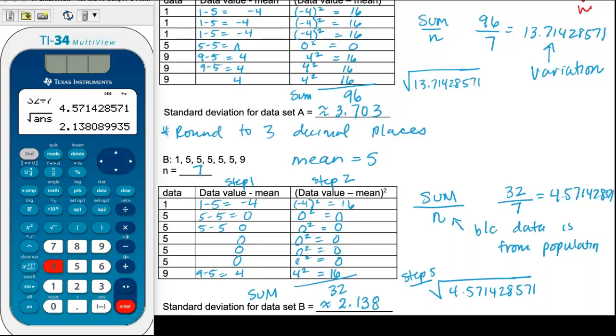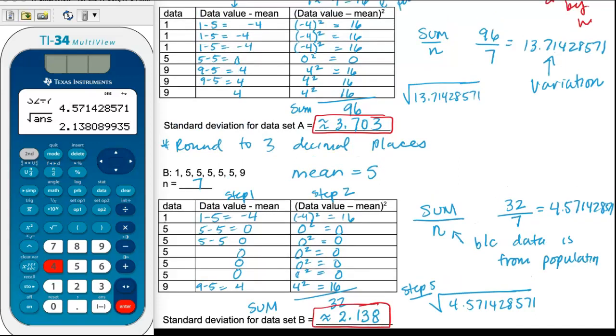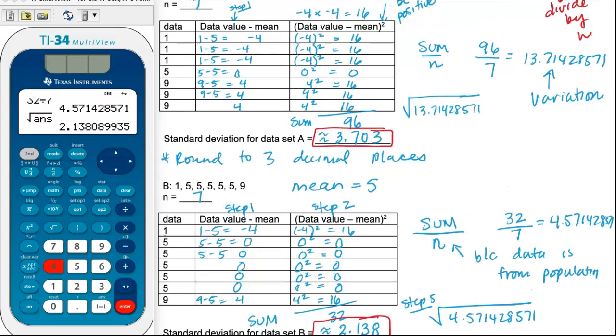Okay, so we've got 2 standard deviations, one of almost 4, like 3.7, and the other one a little bit over 2. And so I want you to look at, let me see if I can scroll up so I can see all the data sets. So we've got the data sets where we have 1, 1, 1, 5, 9, 9, 9 and then a bunch of 5s and then a 9 at the end.